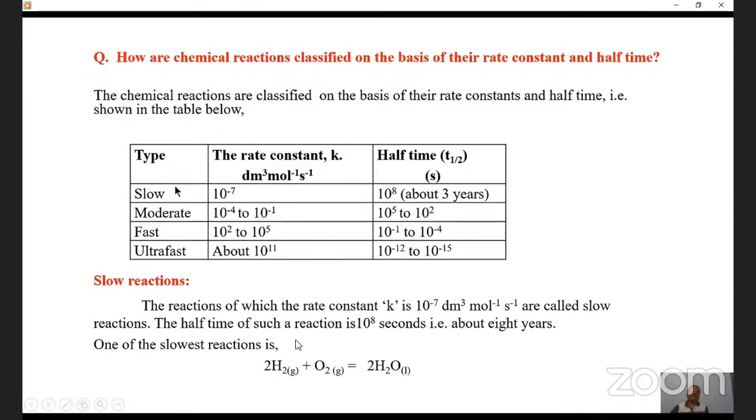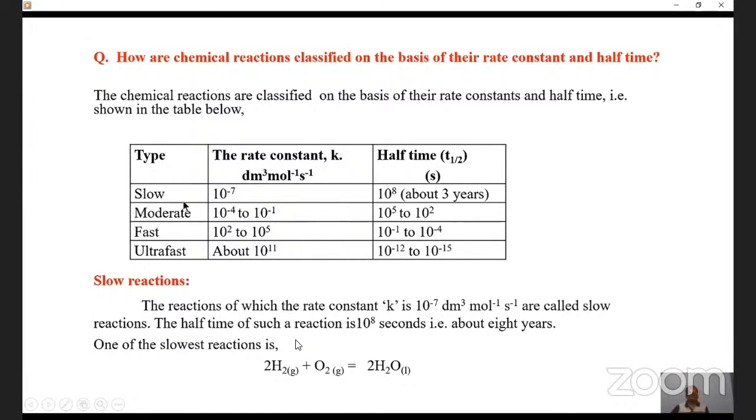We call a reaction a slow reaction if its rate constant k is 10 to the power minus 7 dm³ per mole per second, or the half time is 10 to the power 8 seconds, which is about 3 years. The well-known example of such a slow reaction is the gaseous reaction between hydrogen gas and oxygen gas to give liquid water.